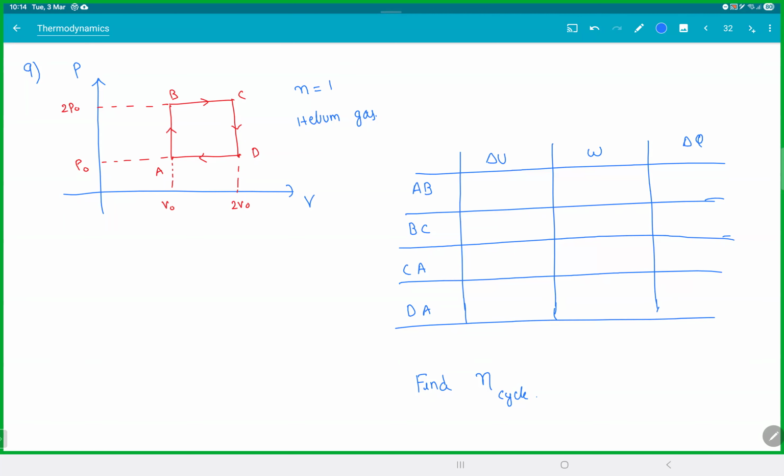If you got that, then you got everything. You know the formulas for work done in an isobaric process, work done in an isochoric process. Think. I'll give you 2 minutes, then I'll fill up the table.